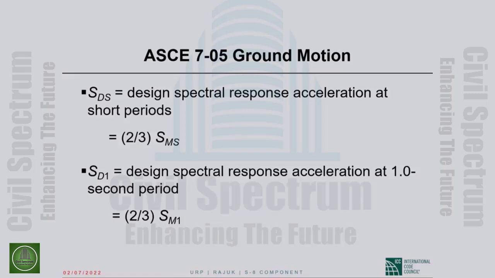So the idea behind this 2/3 is, if we consistently everywhere design for 2/3 of the maximum considered earthquake ground motion, the built-in margin of safety 1.5 would ensure that we would barely avoid collapse in the maximum considered earthquake. Okay. So that's where 2/3 comes from.